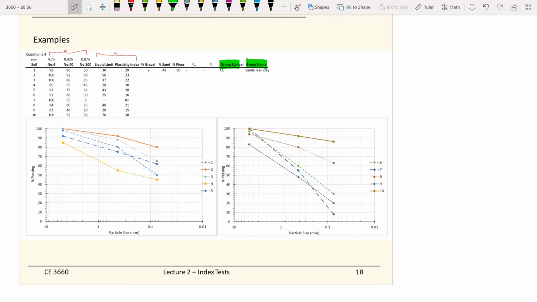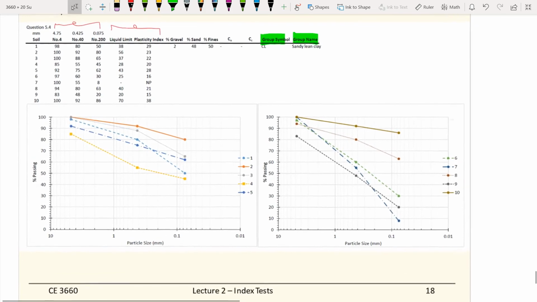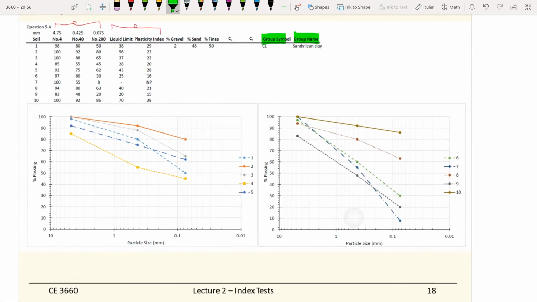First, let's try sample number 1, example number 1 here. Sample number 1 means this one, the blue dotted line right there.